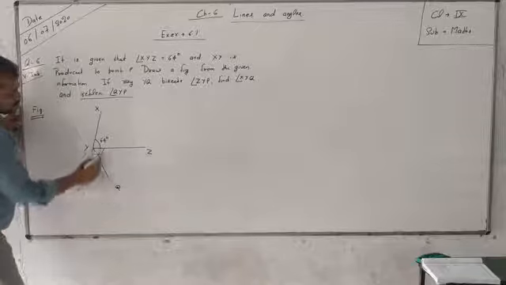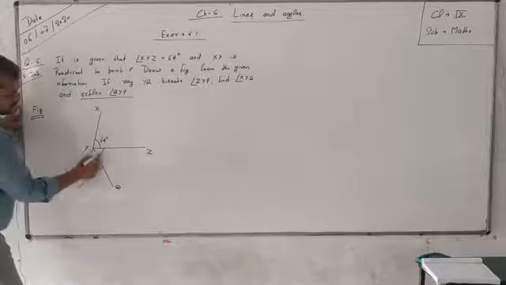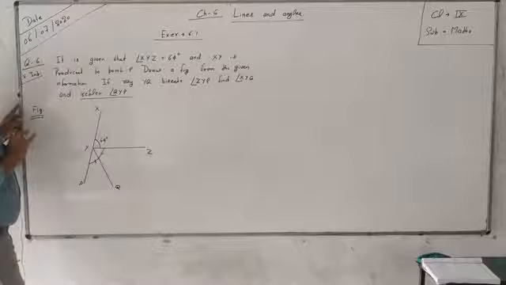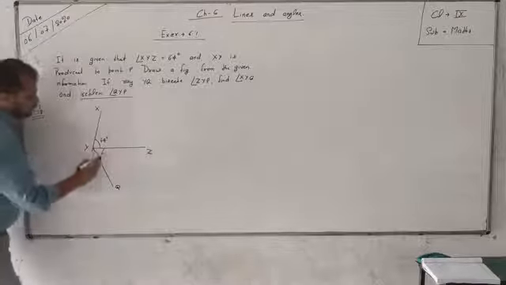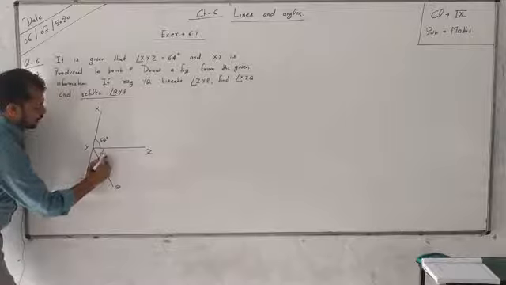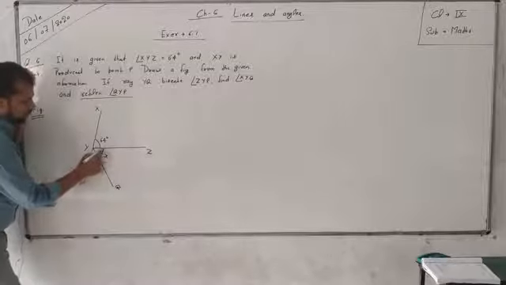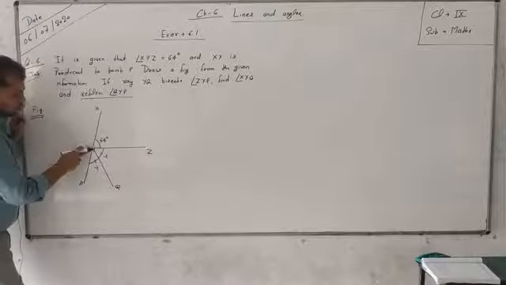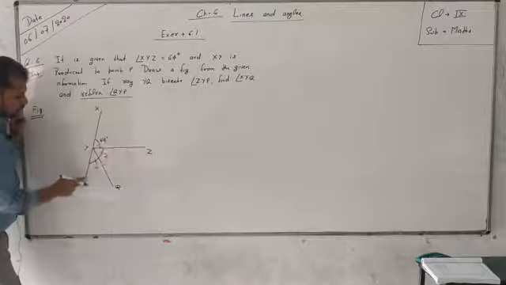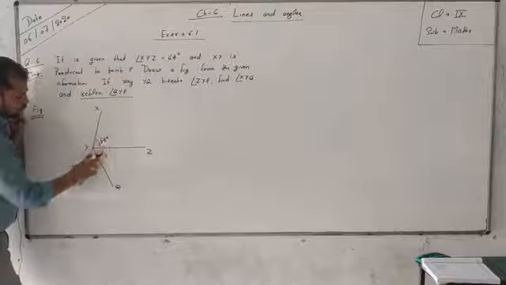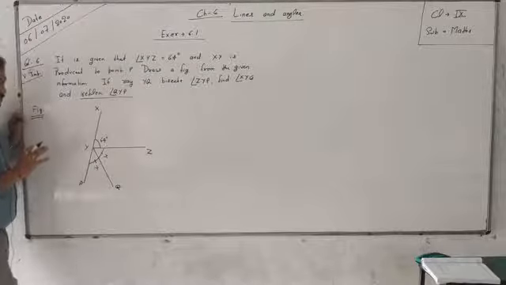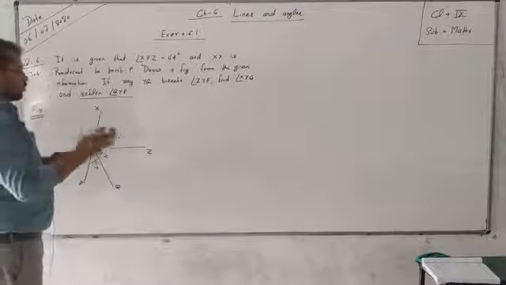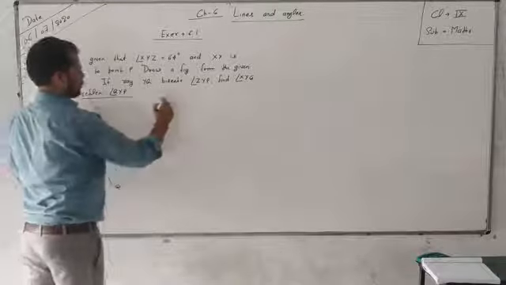And this YQ bisects angle ZYP means this part is equal to this part. Clear? If we write this as x, then this is also x. Why? Because YQ bisects angle ZYP. That's why both parts are equal in measurement. So this is your figure. Now we are going to write down what is given.